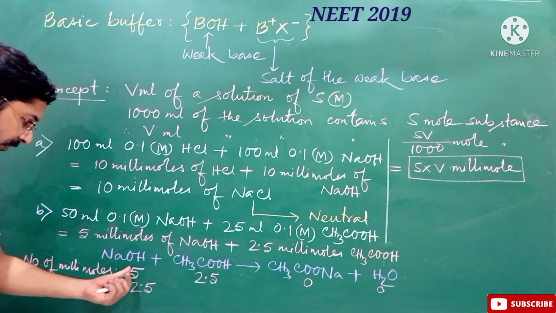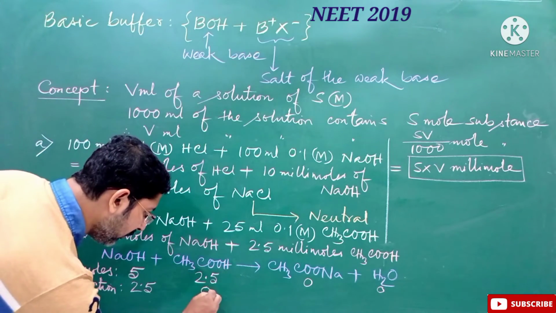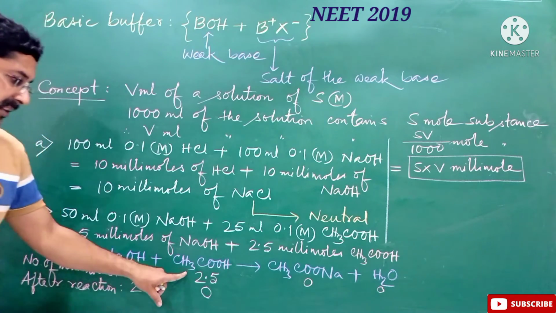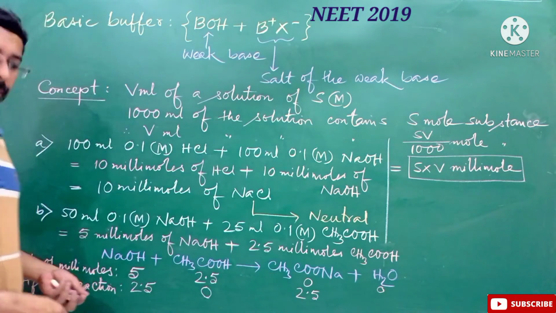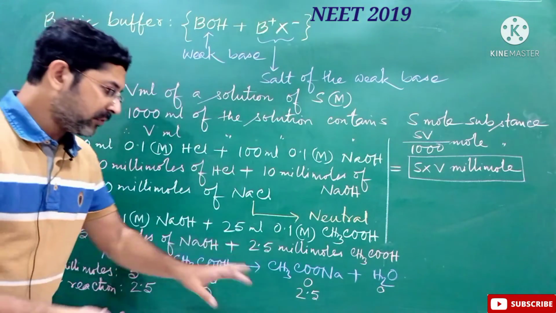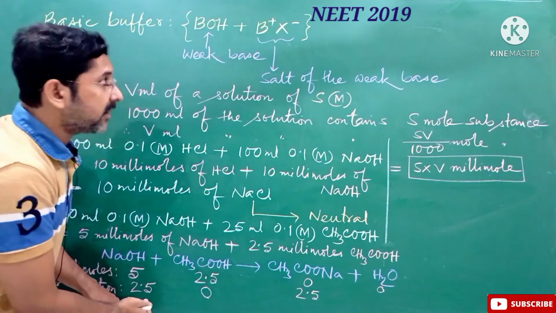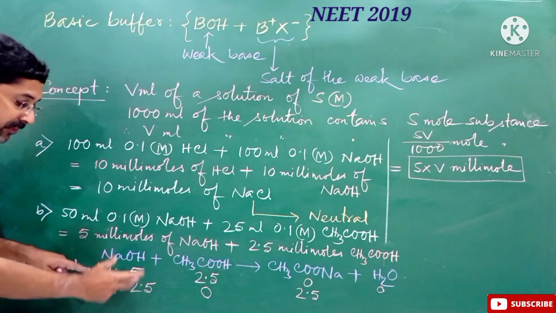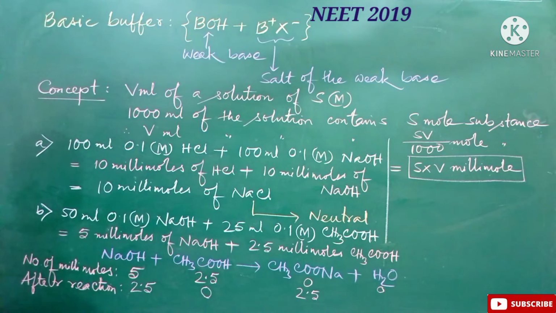So after the reaction 2.5 millimoles of sodium hydroxide remain in the solution. Acetic acid will be completely exhausted as it is the limiting reagent, and 2.5 millimoles of sodium acetate will be formed. So finally it will be a solution of sodium acetate and sodium hydroxide. So of course this is not a buffer solution, right? Because sodium hydroxide is a strong base, it can't form any basic buffer with sodium acetate. So option B is not the correct answer, and A is also not the correct answer. Let's move to the next option.